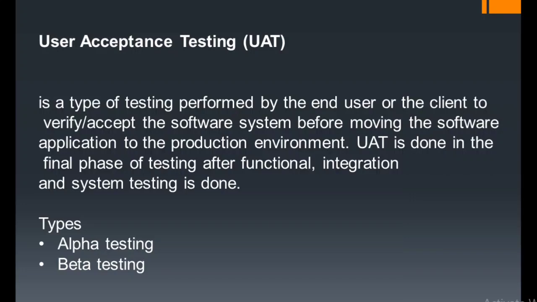What is user acceptance testing? It is a type of testing performed by the end user or client to verify or accept the software system before moving the application to the production environment. There are two types of user acceptance testing: alpha testing and beta testing.